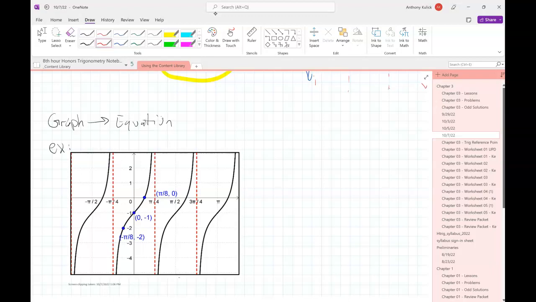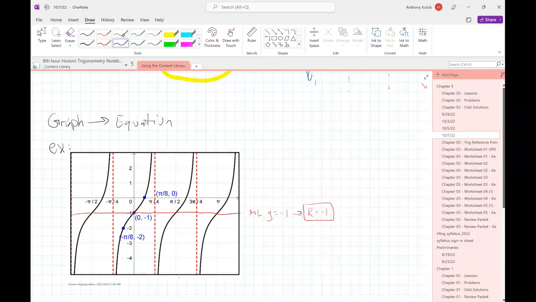We're going to do this basically the same way that we did before, right? What do I like to start with? Finding the midline, right? Where does the midline look like? Looks like that, right? So that tells me the value for k.